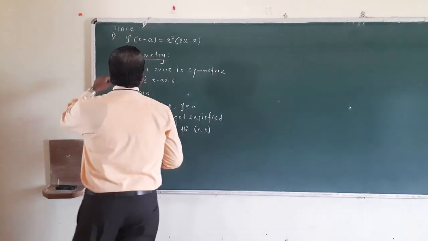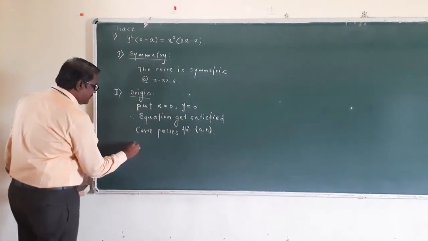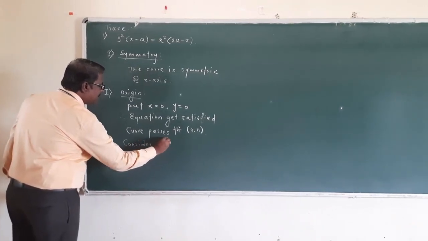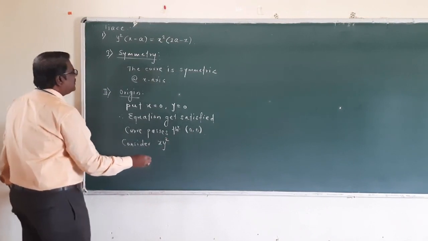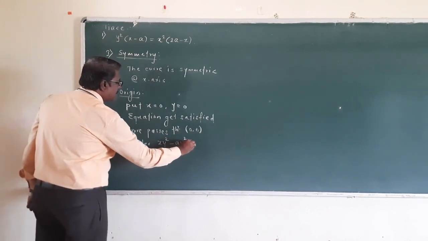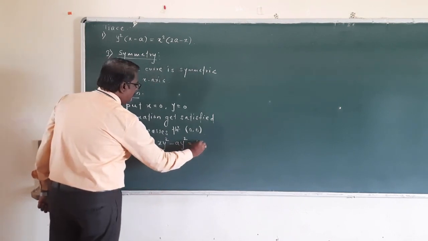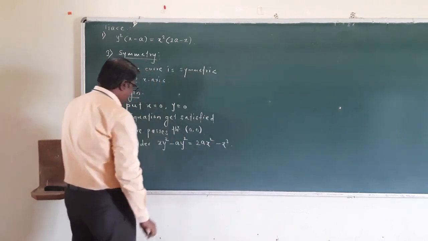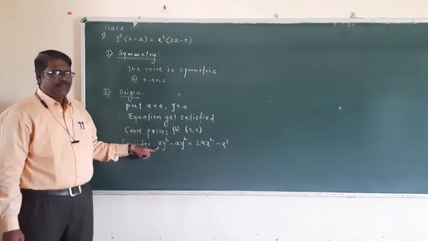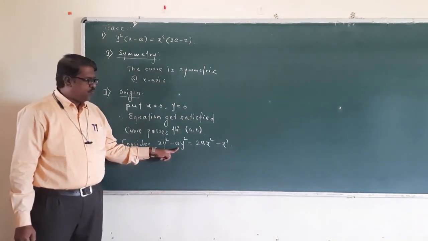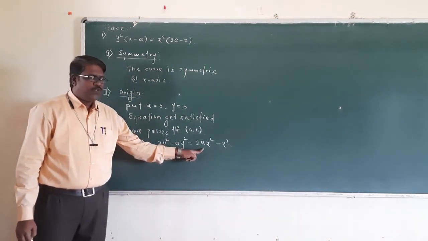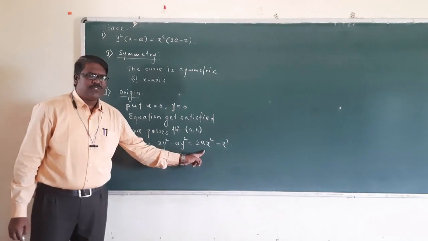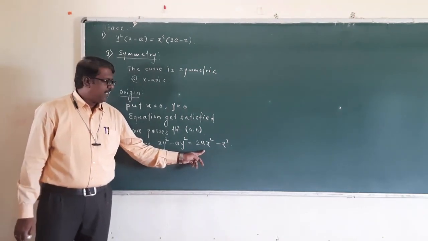So now we will consider the equation x y square minus a y square is equal to 2ax square minus x cube. Now what is the degree of first term? It is 3. Degree of second term, it is 2. Here also degree 2 and here degree 3. So in this equation there are two terms which have least degree.